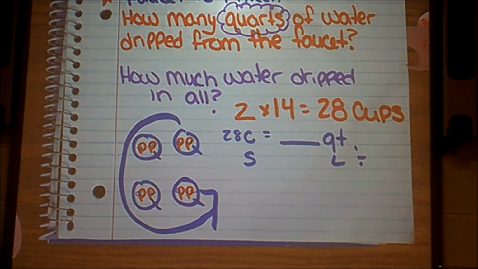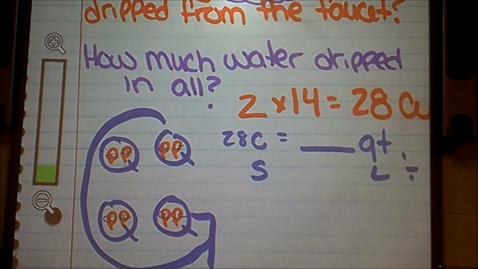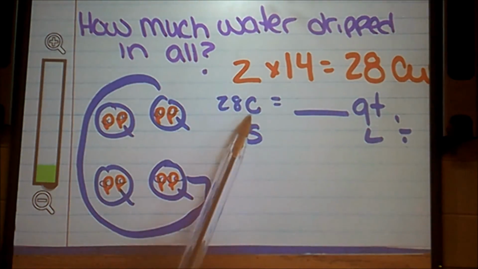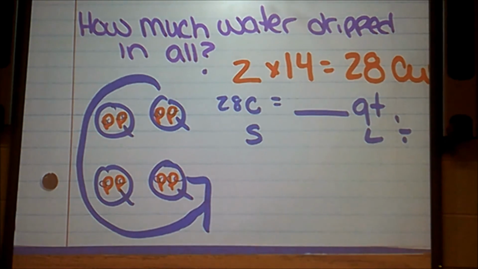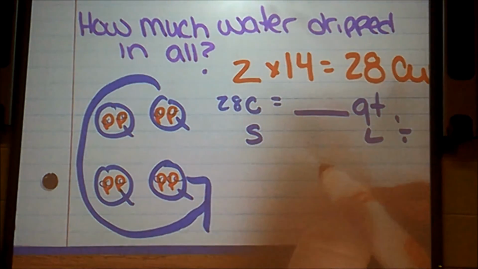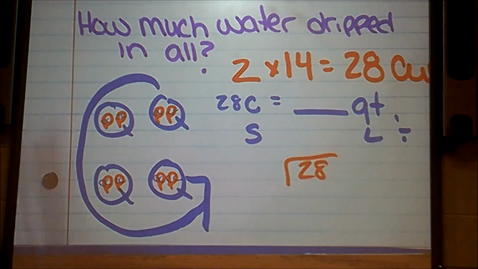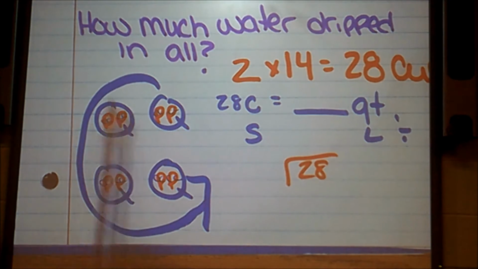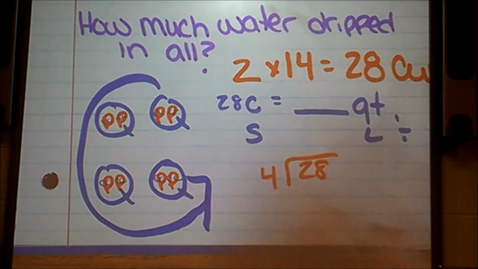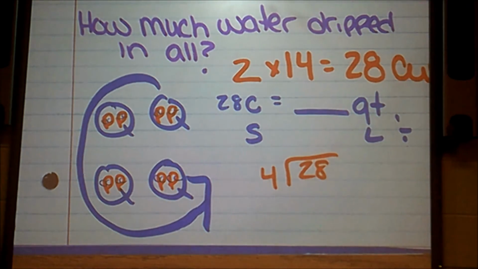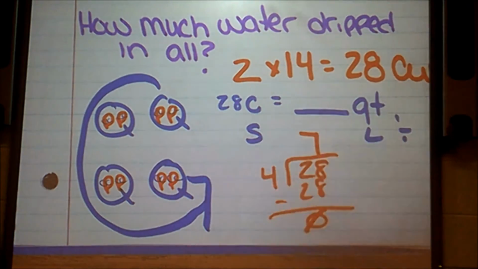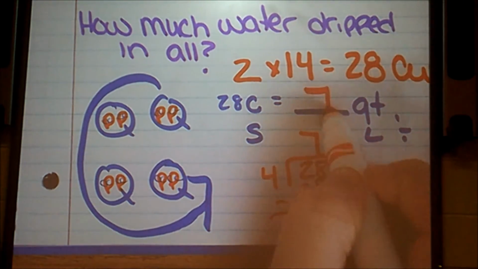If I'm looking to convert my cups into quarts, I'm going to take my 28 cups and divide it by how many cups are in 1 quart. I look at my quart and I determine that there are 1, 2, 3, 4 C's inside 1 Q. So that is what we are going to divide by. That gives me an answer of 7 quarts.